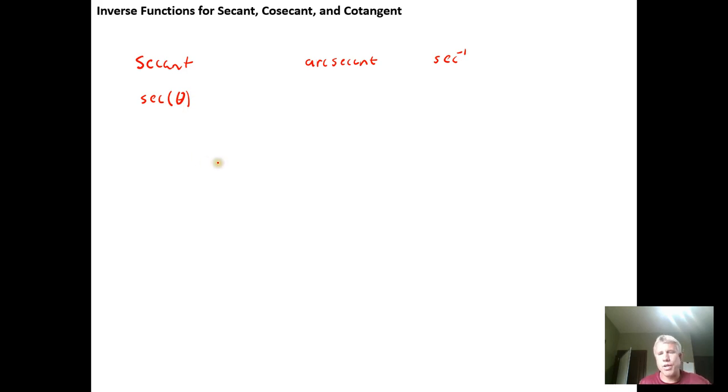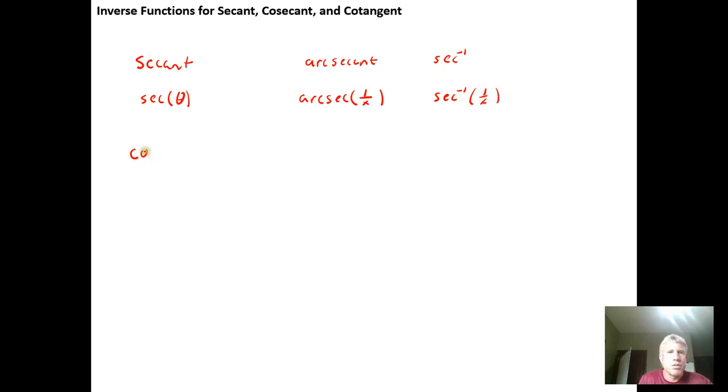So for the cosine function, you input theta, and the output is the x-coordinate on the unit circle. For the secant function, the output would be 1 over x, 1 over the x-coordinate on the unit circle. So the input for the arc secant function is going to be the side ratio 1 over x, the reciprocal of what you would be putting into the cosine function, or we could say secant inverse of 1 over x.